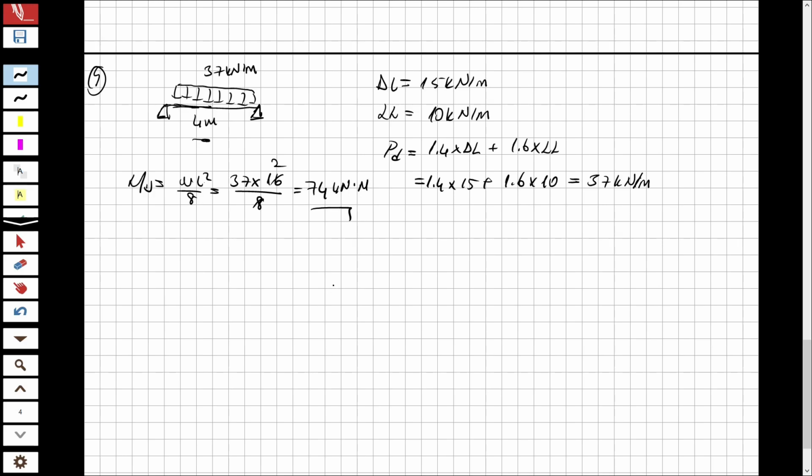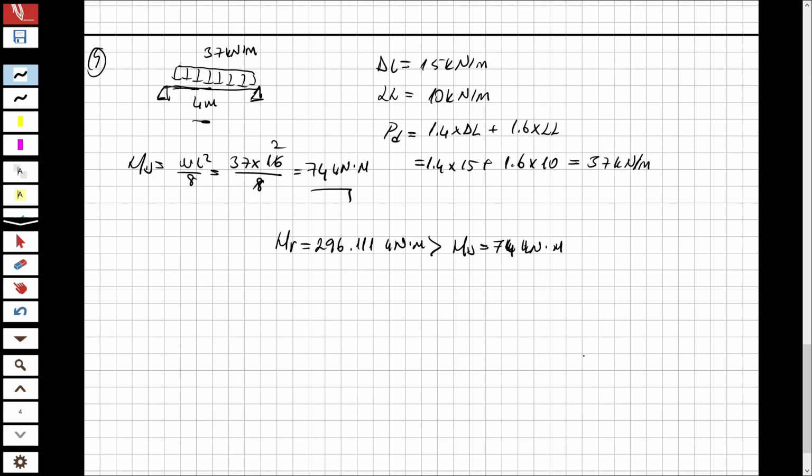Okay. What is my MR? MR is equal to 296.111 kilonewton meter. It's greater than the ultimate moment. Okay, it's greater than the ultimate moment. What is the ultimate moment? 74 kilonewton meter.